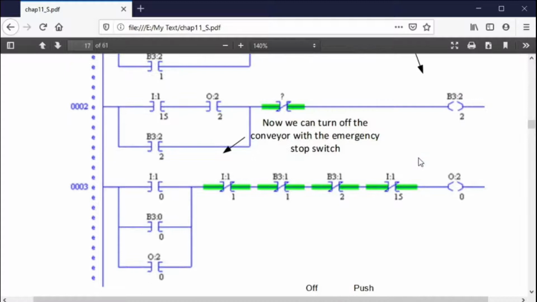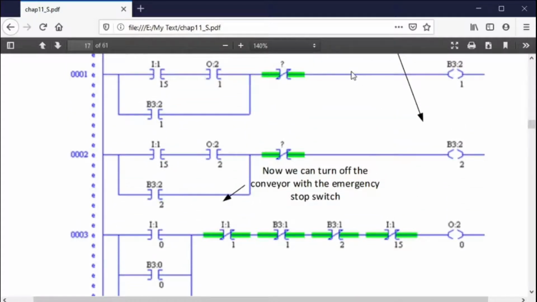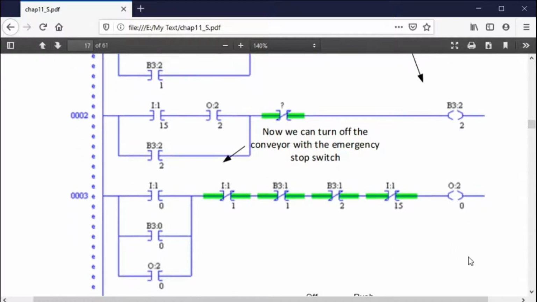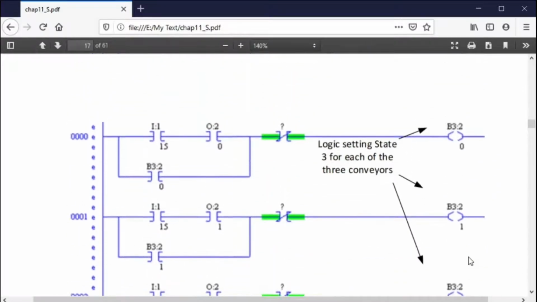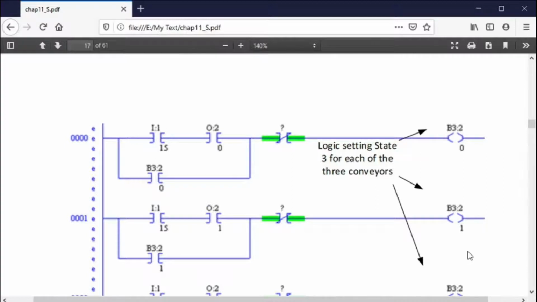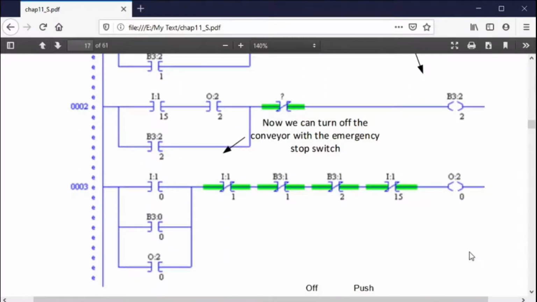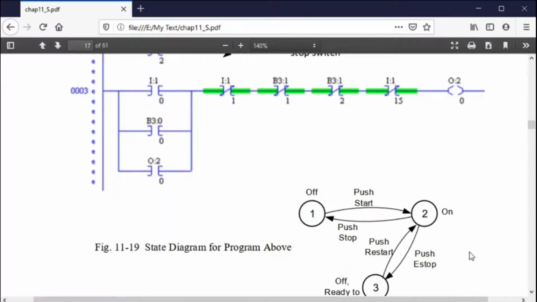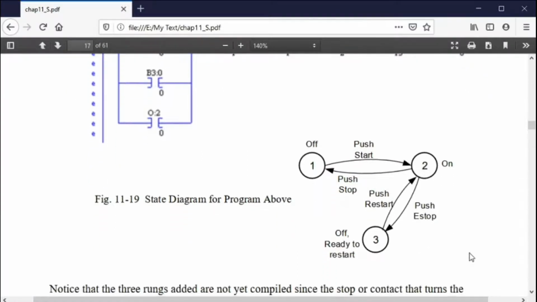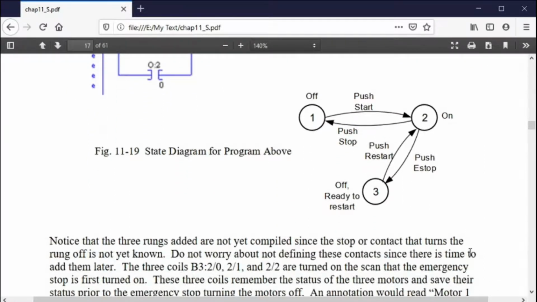I arranged my logic so that just prior to the scan, something happened, and then I go through and do the next thing, and the next thing, and the next thing. So here is a use of scan of the programmable controller to build these states that allow me to do something that otherwise would have seemed hard to do. It's not hard if you use the scan of the programmable controller many times to build simple state diagrams.